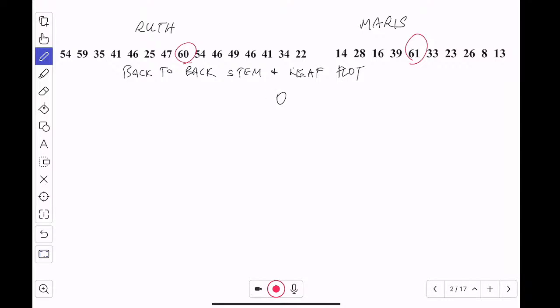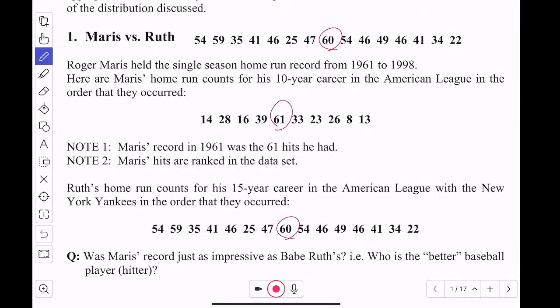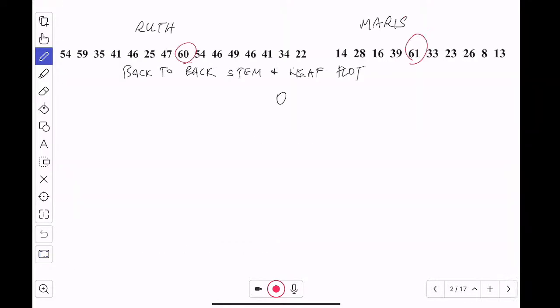Now, in the spending data, we used classes of 5, 0 to 04, right? 05 to 09, 10 to 14. That's what we did.